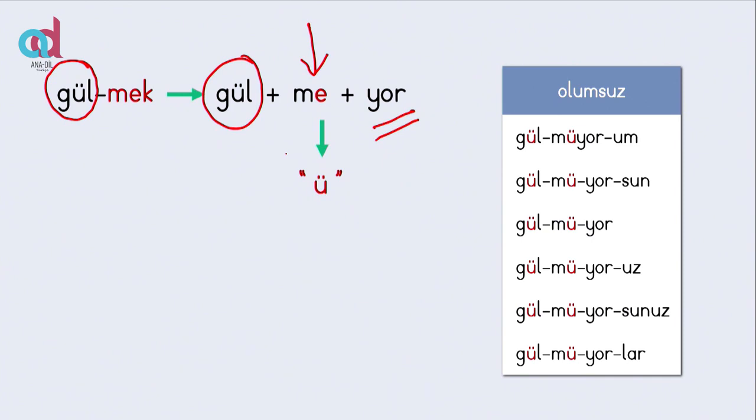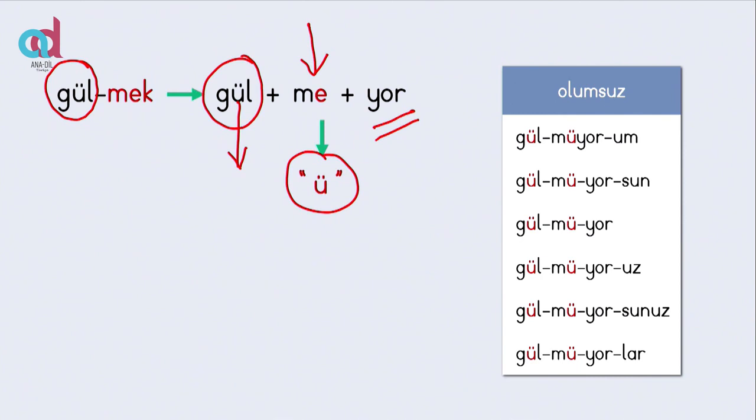What happens because, excuse me, we have ü, this letter here becomes ü. So we'd say gülmüyor. Who is not smiling? O gülmüyor. Kim gülmüyor? O gülmüyor.